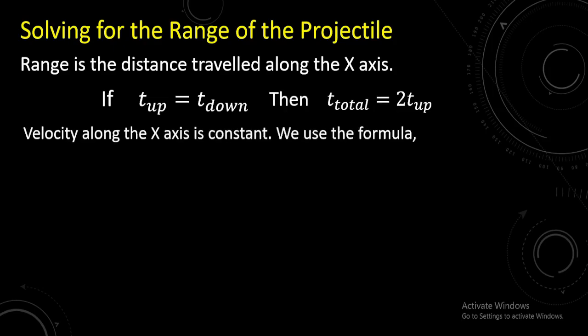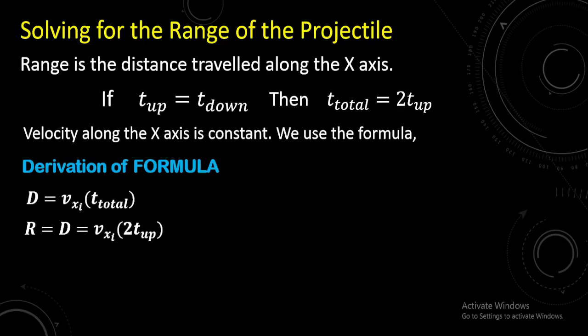Then you're going to use this total time and multiply it by the constant velocity along the x-axis, and that's it. So d here, or you can use r, the distance along the x-axis, is equivalent to v sub x sub i times 2t up.